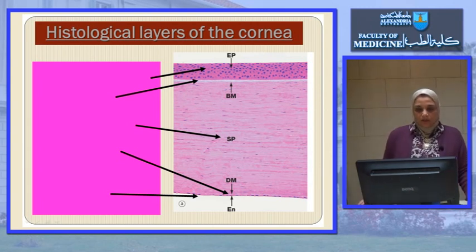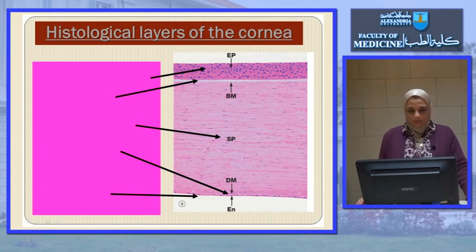What about the histology of the cornea? We'll find that the histological layers of the cornea include 5 layers. This is from outside inward. So this is facing the outside, while the most inner is facing the aqueous humor in the anterior chamber.